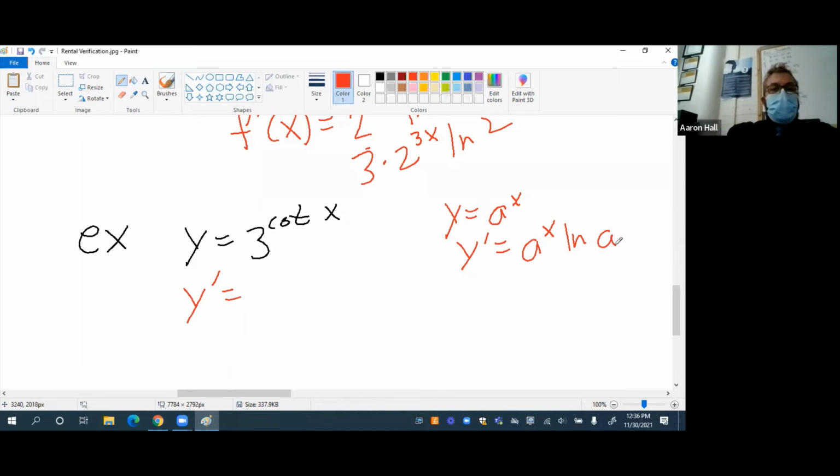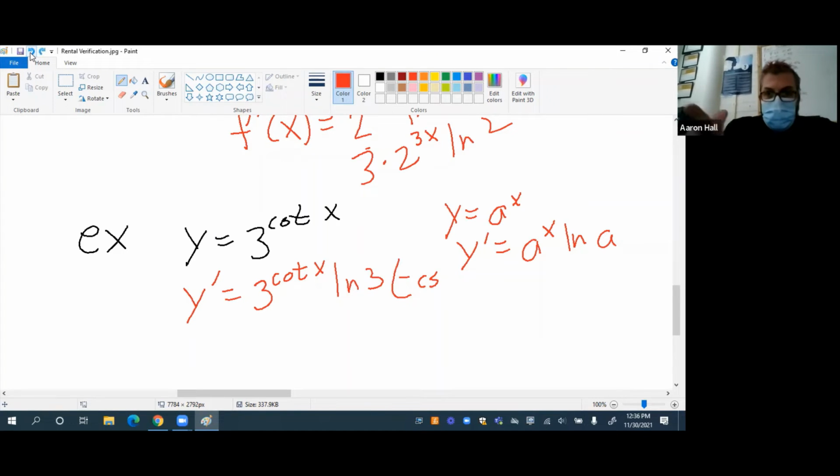Right, so when we took the derivative of the outside function, what do we get? So 3 to the cotangent of x, okay, ln of 3, nice, times the cosecant squared of x. Yeah. Negative cosecant squared of x, yeah.